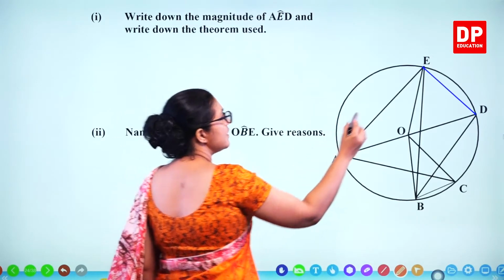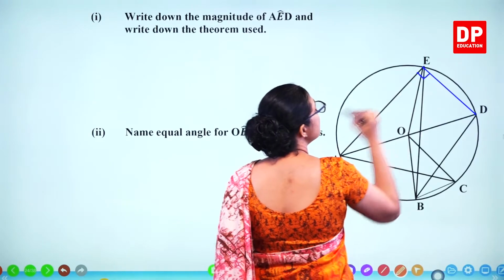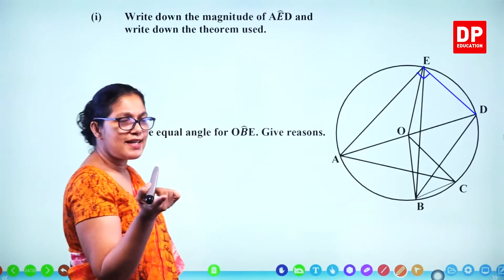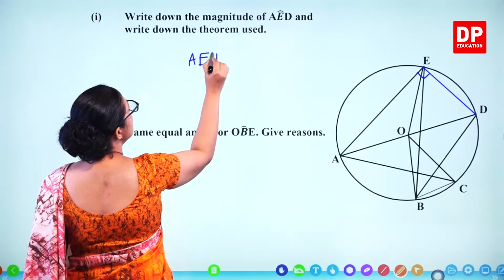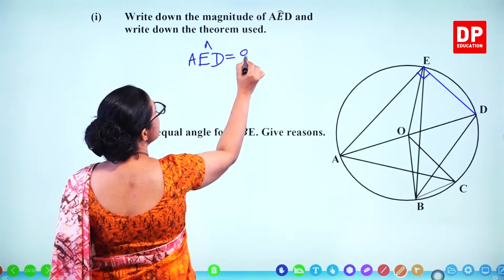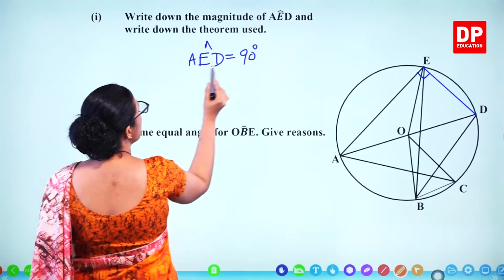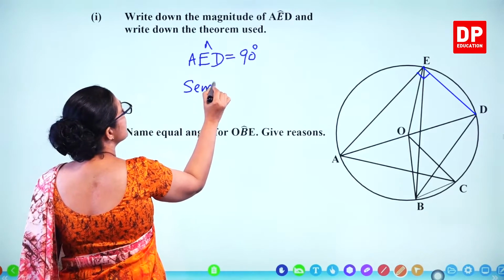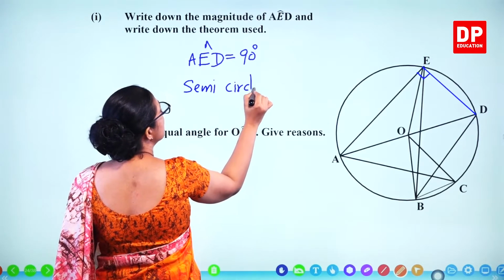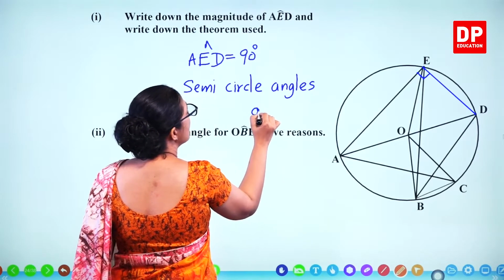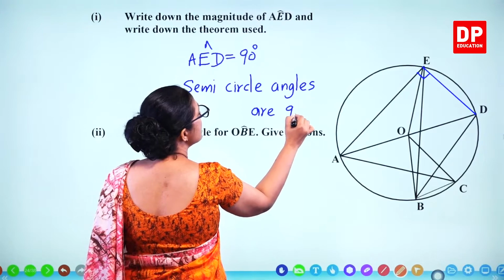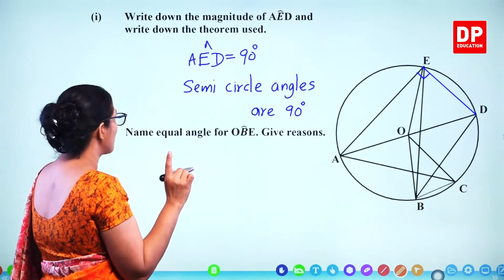So this angle is 90 degrees. Semicircle angles are 90 degrees. So you can write that angle AED is 90 degrees and semicircle angles are 90 degrees. That's the theorem we used.